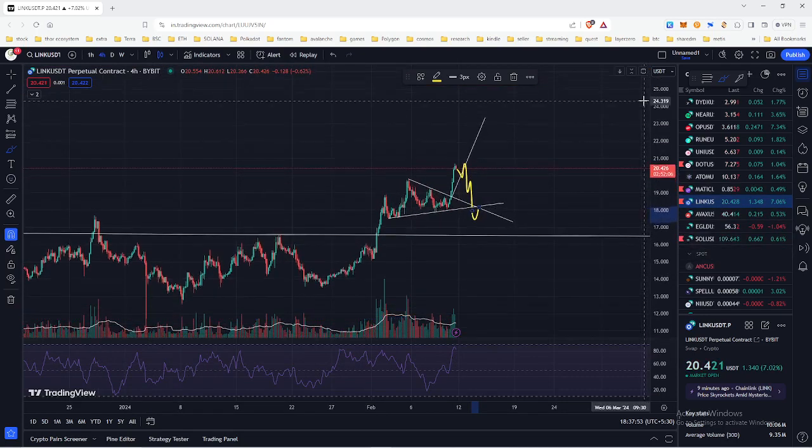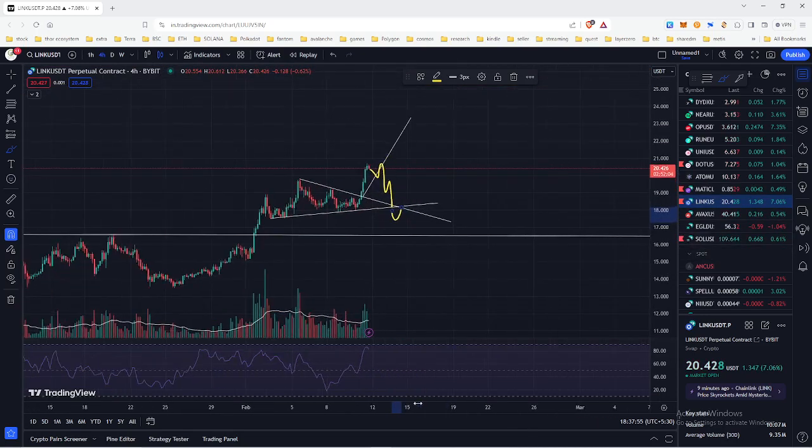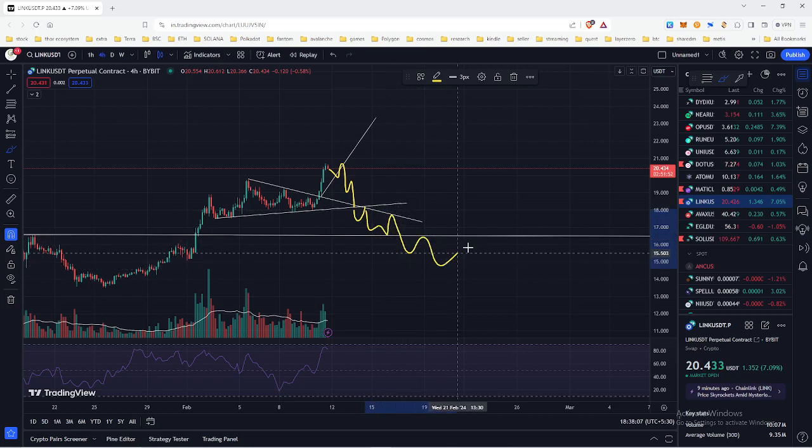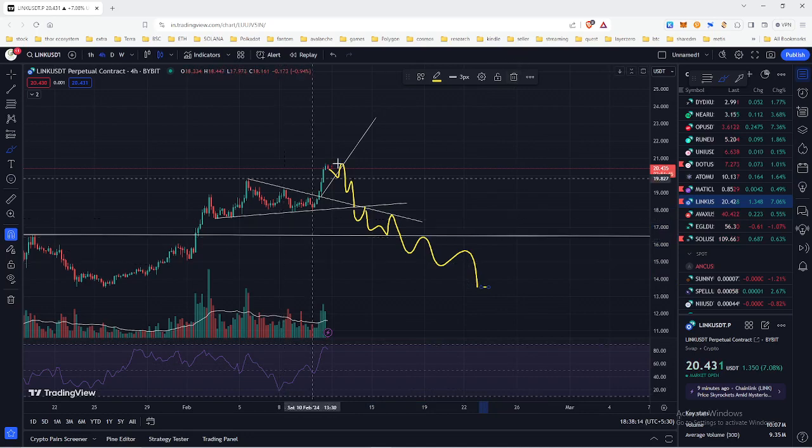We might get a support from here, but if the whole narrative is bearish, then we can expect this thing to go down to retest the $12 range. Then this will look like a fake out or a deviation.